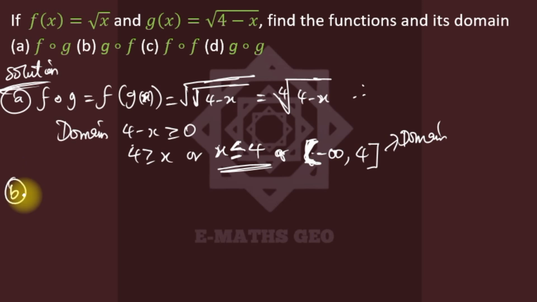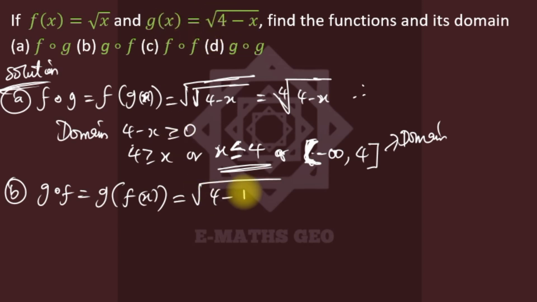For the second one, we are asked for g composite f, so this is g of f of x. g of x is this, so we substitute f of x as that. So that's the composite function.